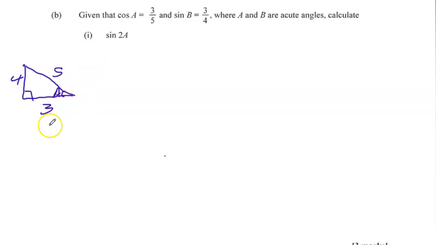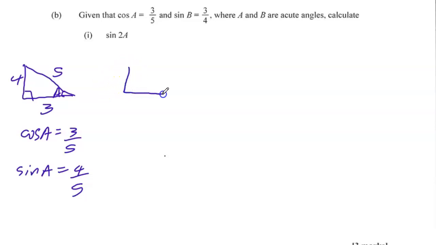So if cos A is 3/5, it means that sine is opposite over hypotenuse, so 4/5. And sine B is 3/4. So if sine B is 3/4, let's draw a right angle triangle there. Now call this B.